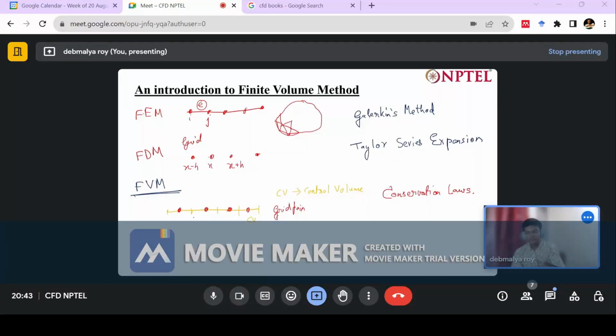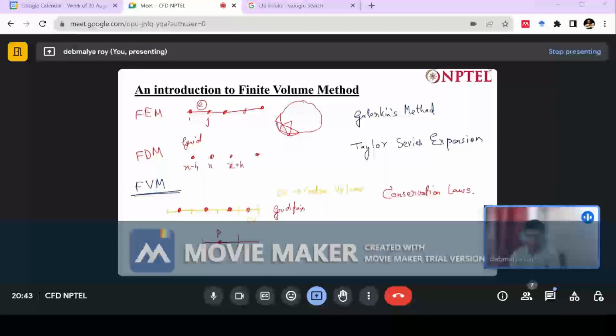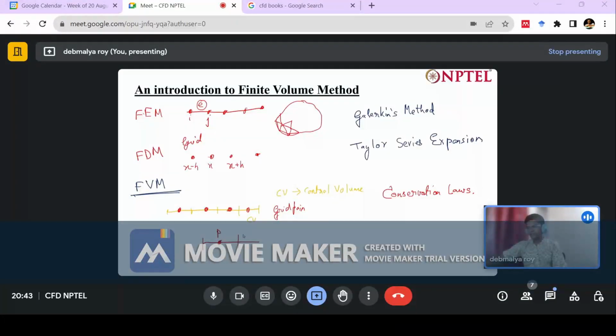So let's try to understand what happens. Let's take one element, for example. By element, I mean control volume. So this is the control volume, and its center, let's denote it by P. This point is almost always represented by P. Like any textbook, you will find almost the same notation.